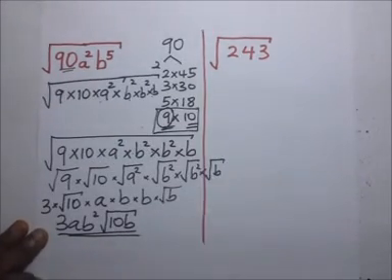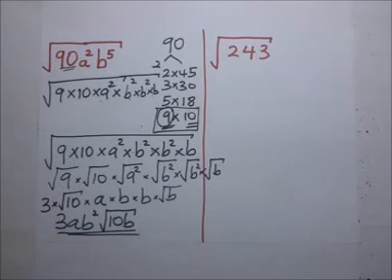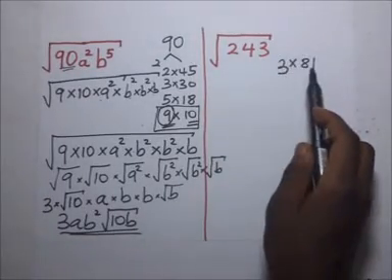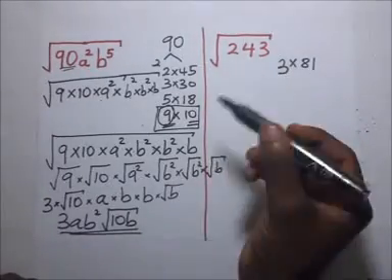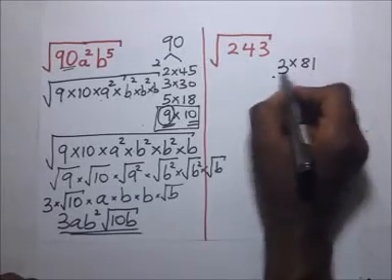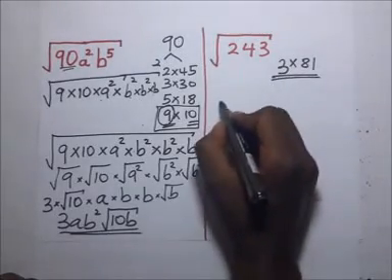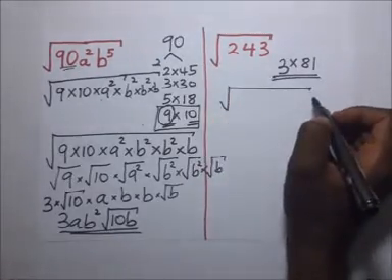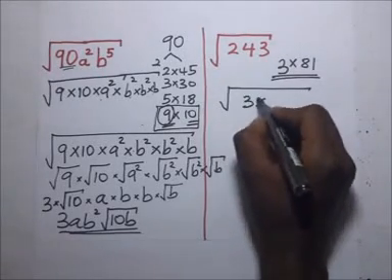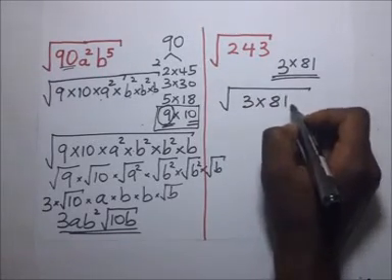So let's do this, 243. Let's find the factors of 243. Now the factors of 243, we have 3 times 81 to represent this. So we take on these two factors. So we know that 243 is the same as 3 times 81.